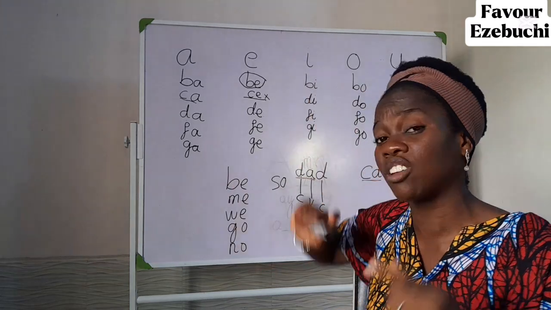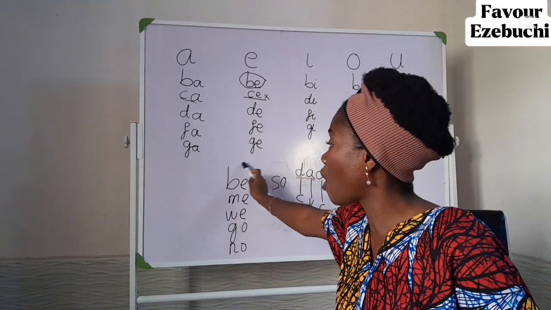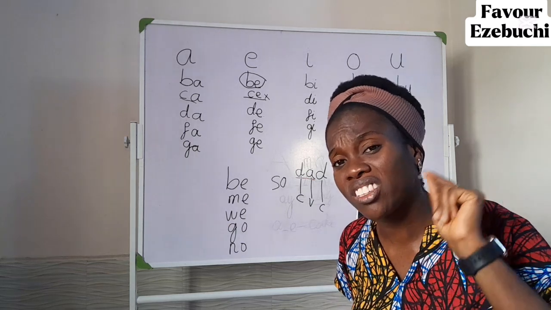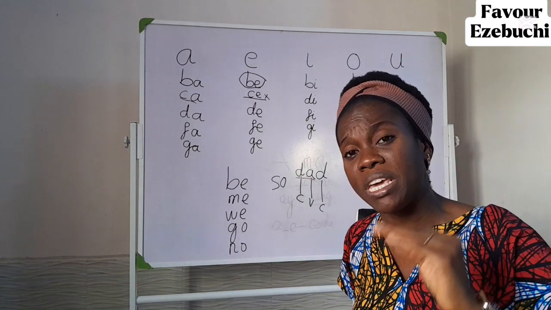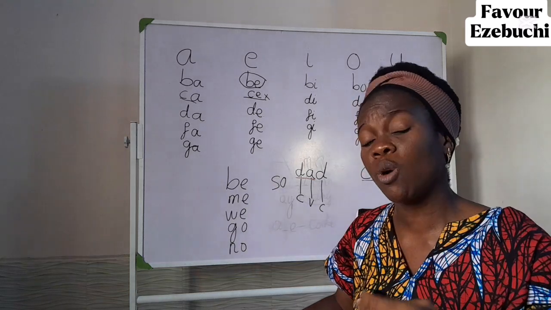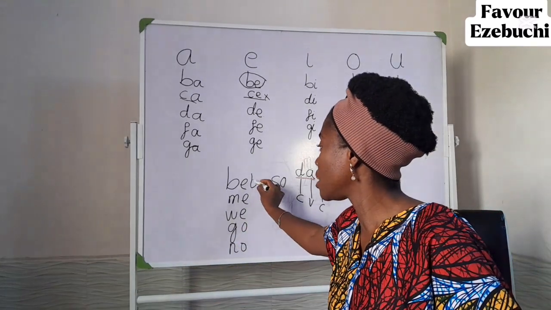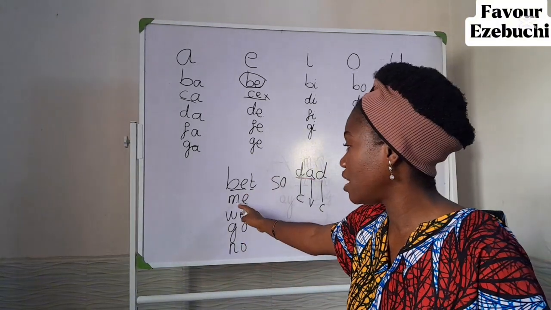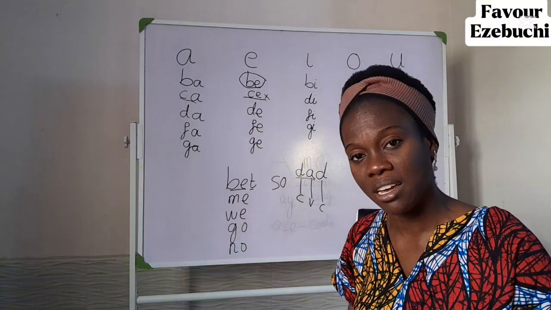Because you're teaching the act of blending, this should not come in. As simple as B-E, you don't teach a child to start spelling B-E. The child should understand B, E as be. So when you want to add the sound to it, it goes bet, bet. Okay? The same thing here. You don't teach a child M-E, me, first.